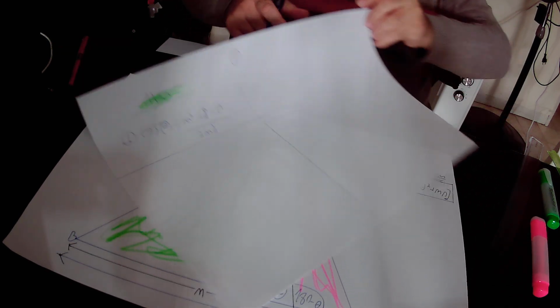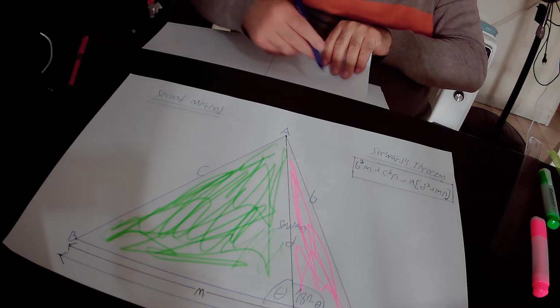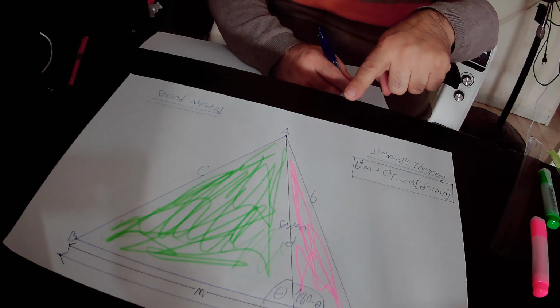In the next step, we will implement the law of cosines in the pink triangle ADC.